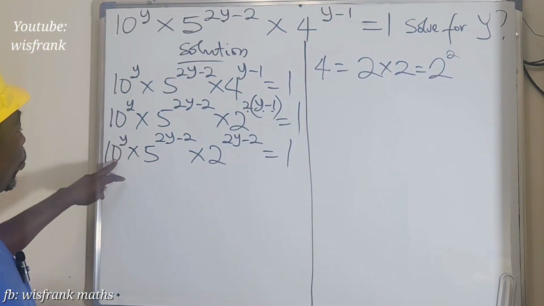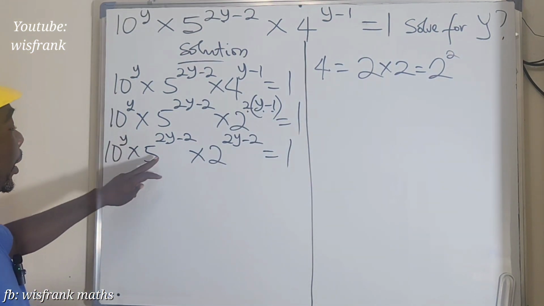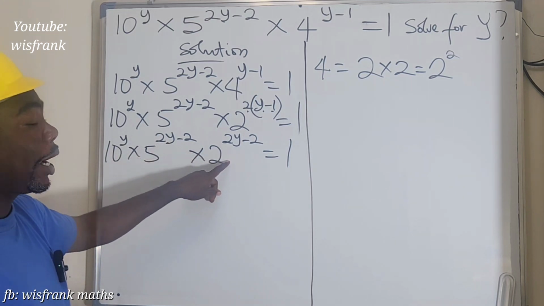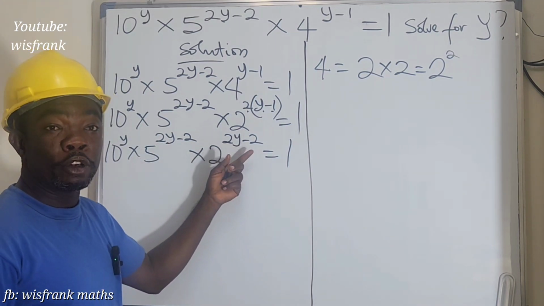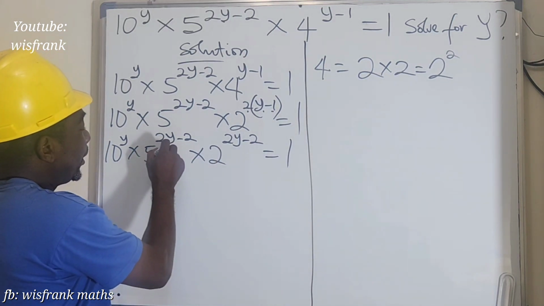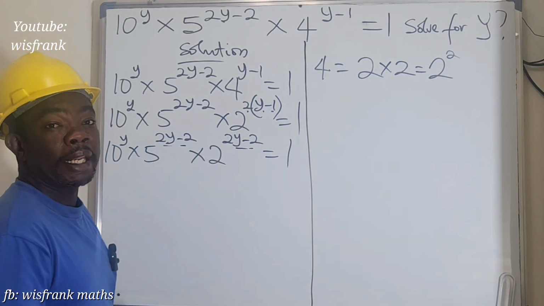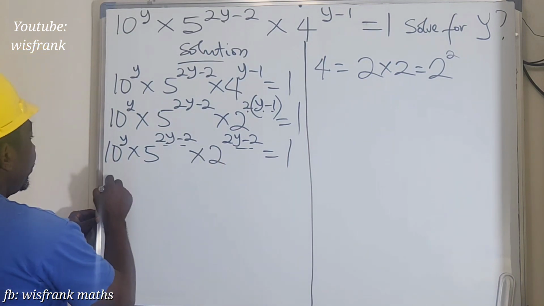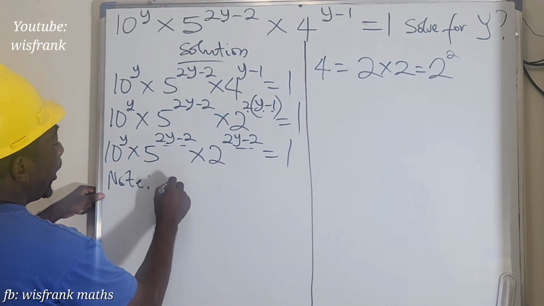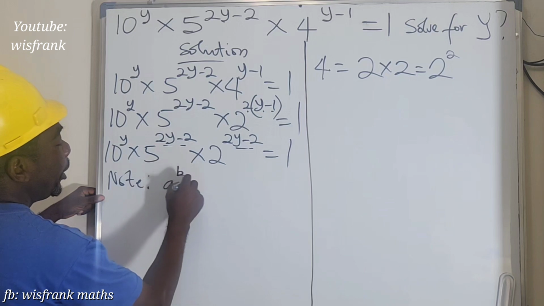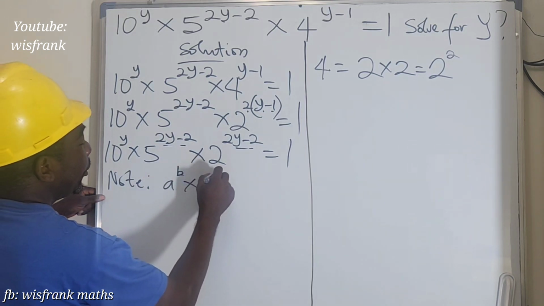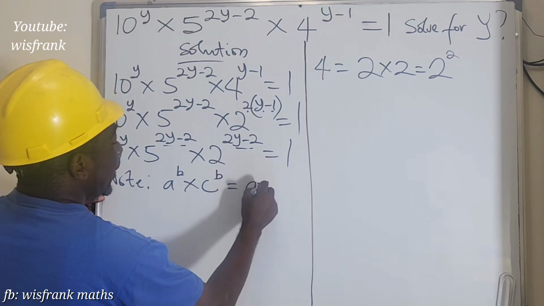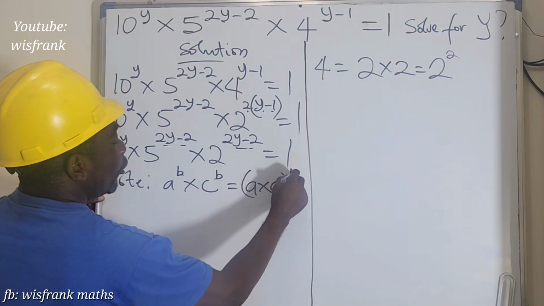So here we have 10 to the power of y and 5 to the power of 2y minus 2, and also 2 to the power of 2y minus 2. You can see that this index and this index are similar. Note that when we have a to the power of b times c to the power of b, it is the same thing as a times c all to the power of b.